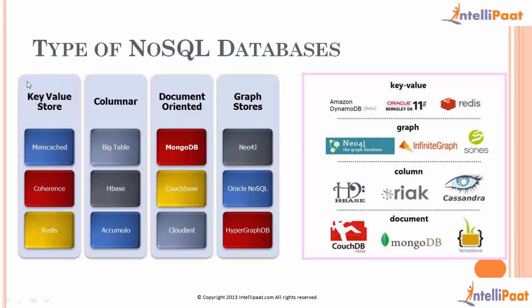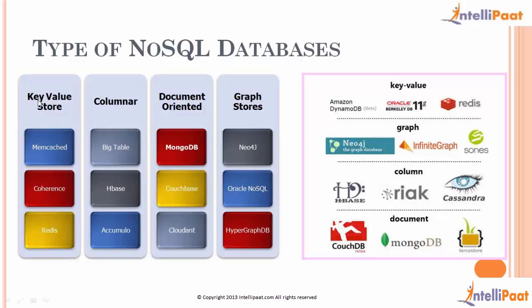So the key will be the student ID, and the values will be name, email ID, temporary address, permanent address, course, and so on. Everything will come into a single row or tuple, you can say.